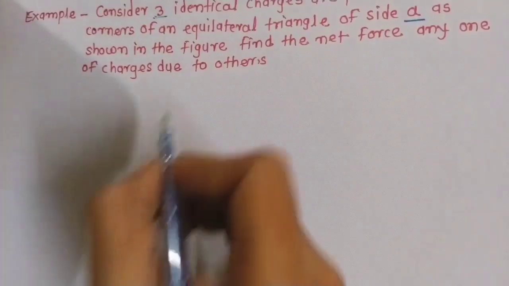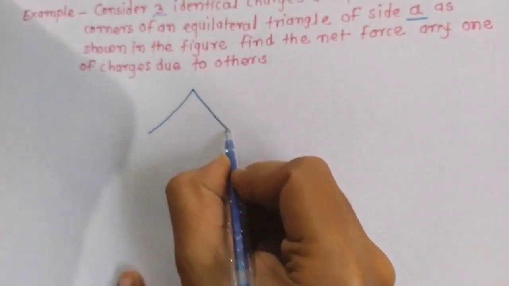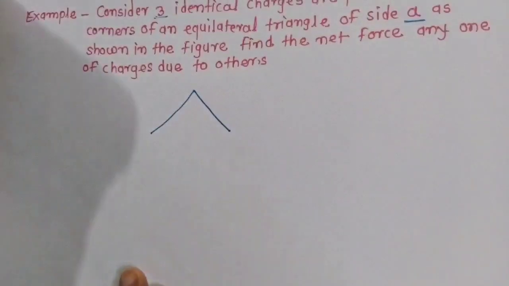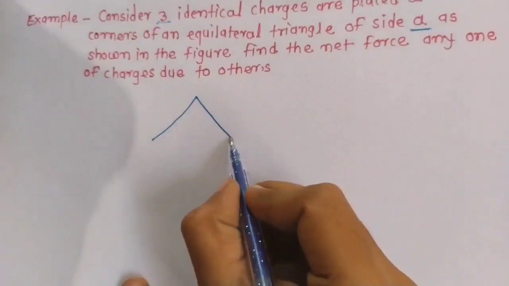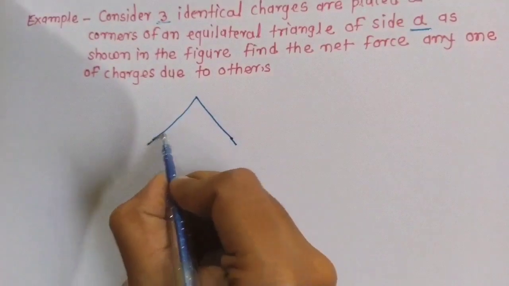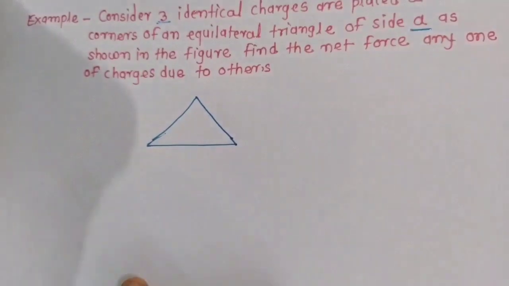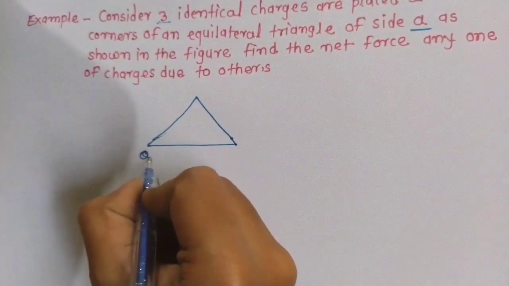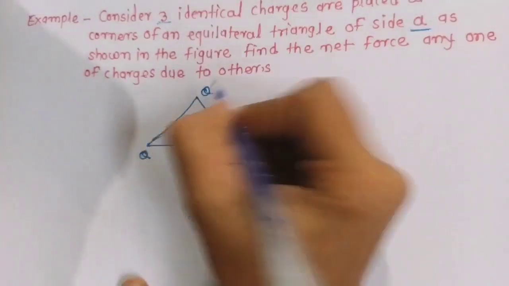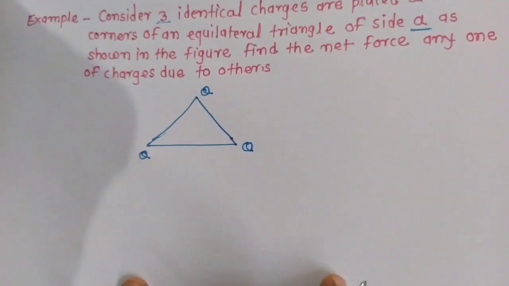So we have an equilateral triangle, and the charges Q, Q and Q are at its corners.